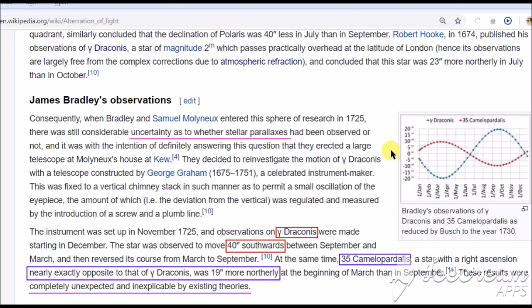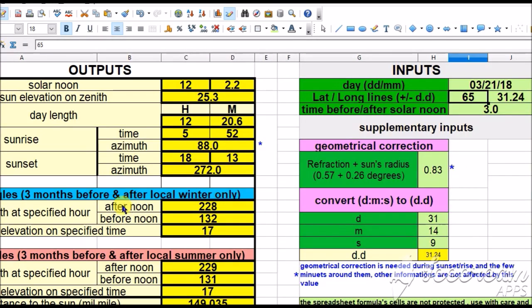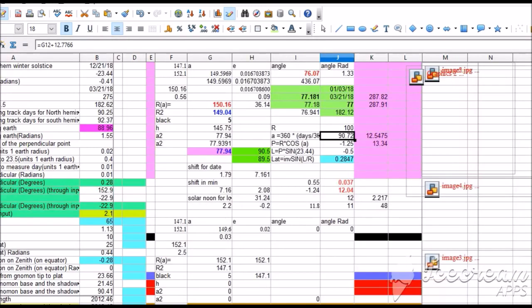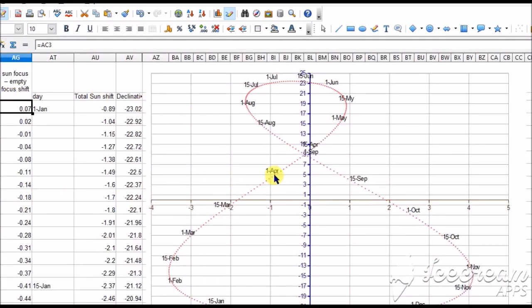So there's no tendency for bias. I'll put the file into the description. This file also contains the spreadsheet file. It contains my sun calc application with its equations for you if you want to check, and the aberration plotting graph or sheet.